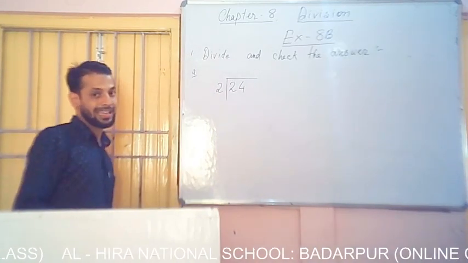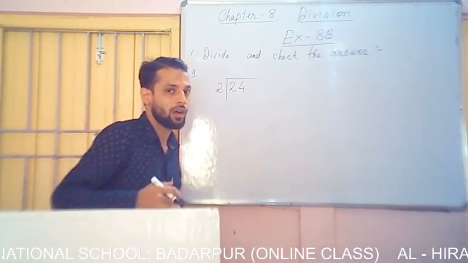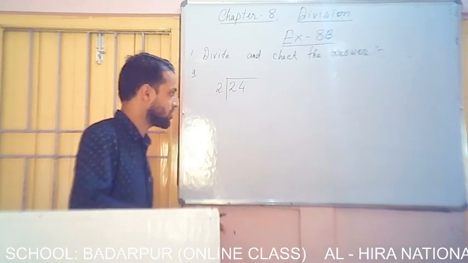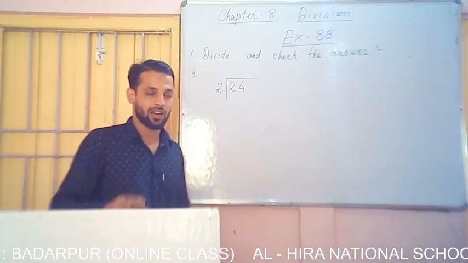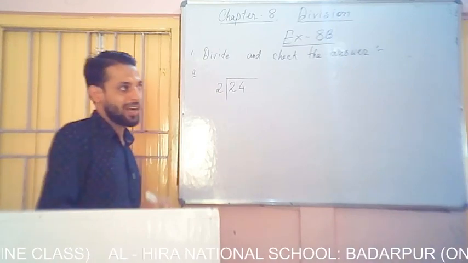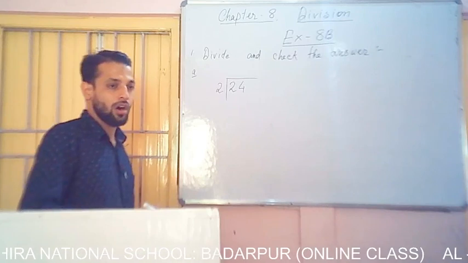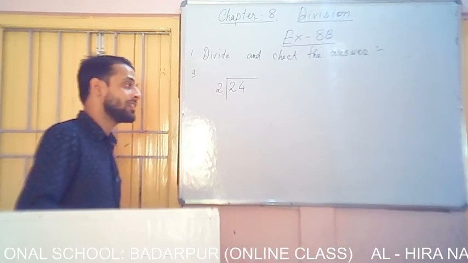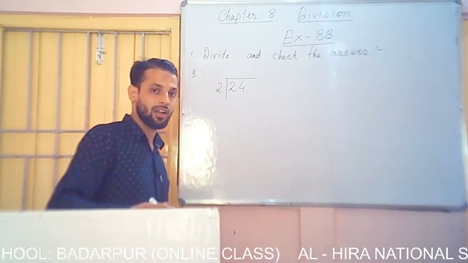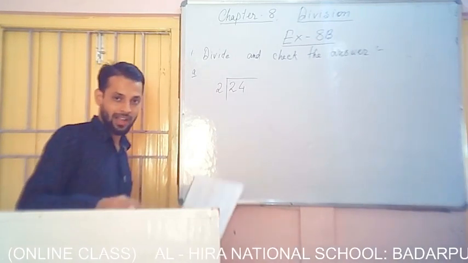In case of addition, subtraction, multiplication, we start from the ones place, or you can say we start from the right side. But in case of division, we'll start from the left side.